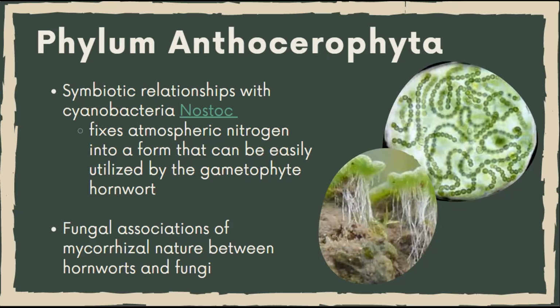This nitrogen is then transferred to the sporophyte. Nostoc has an important role in crop health by providing a nitrogen supply in digestible form. Fungal associations of a mycorrhizal nature between hornworts and fungi were also reported. However, their relationship is still widely unexplored.